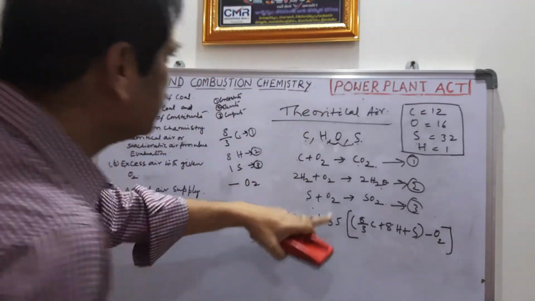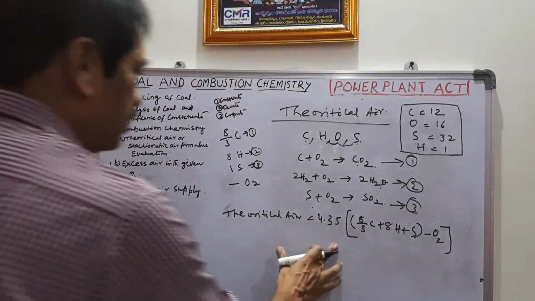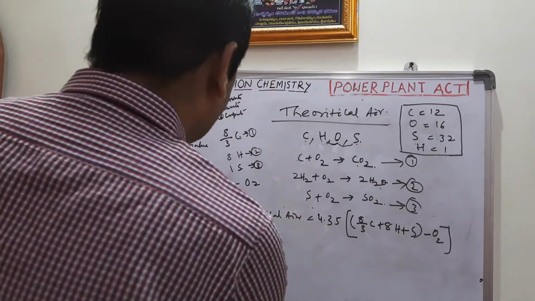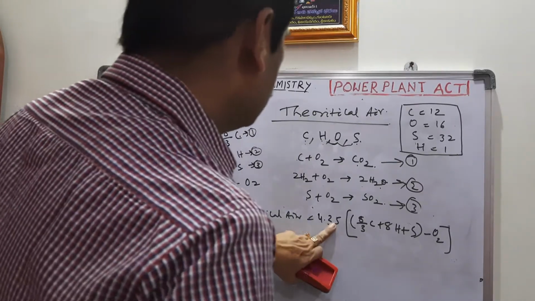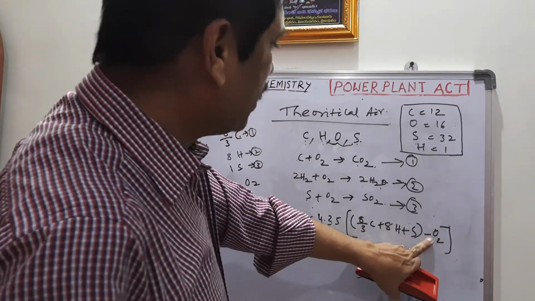Whatever oxygen is present in the coal is to be deducted. So this is the formula: theoretical air is 4.35 into (8/3 C plus 8H plus S) minus O2.